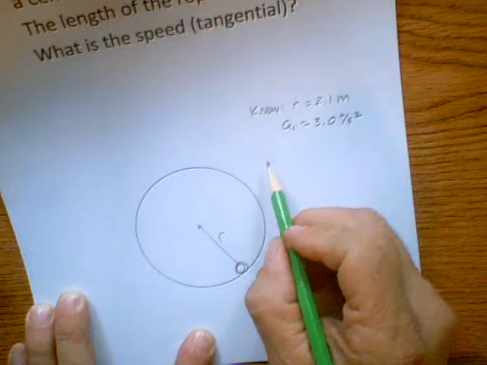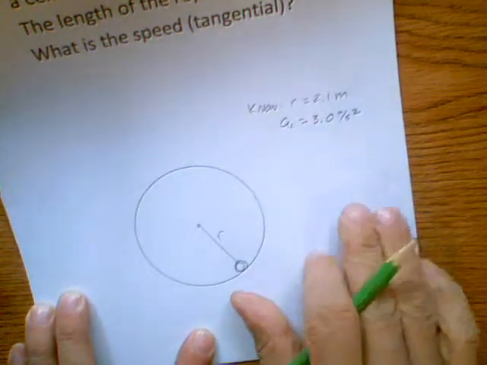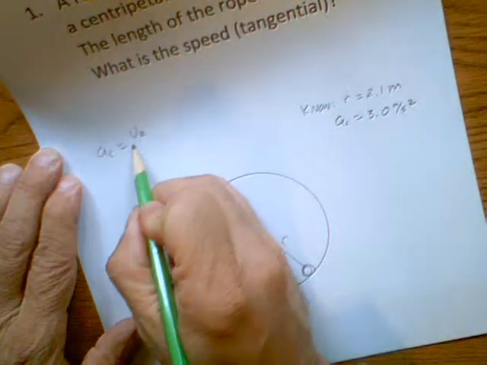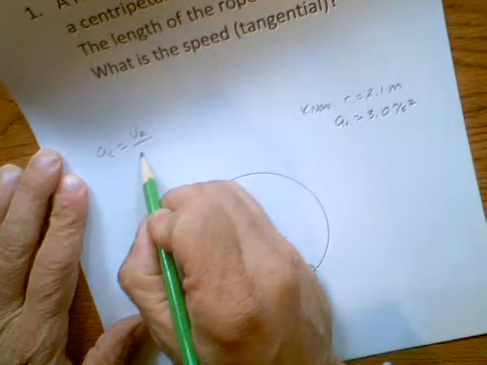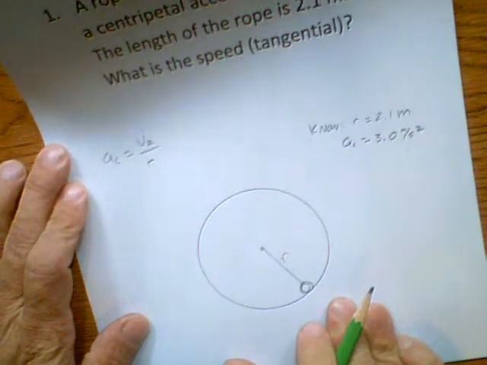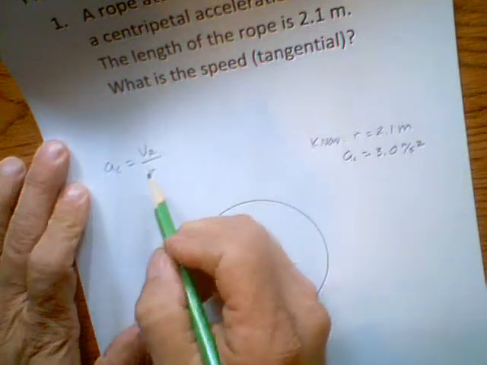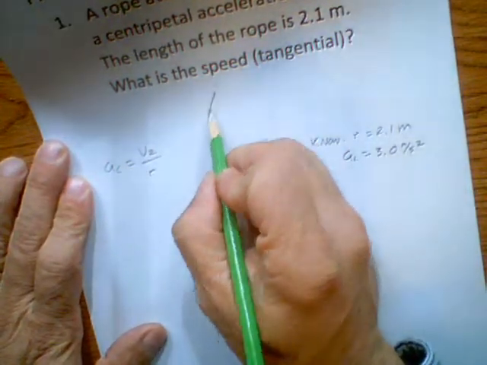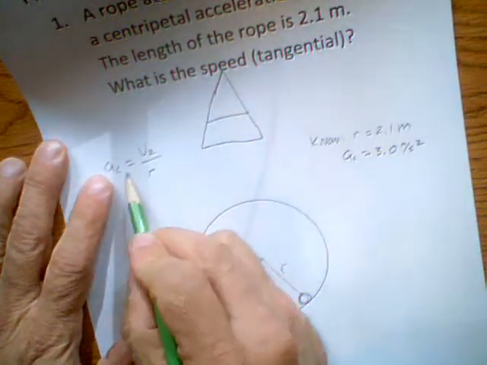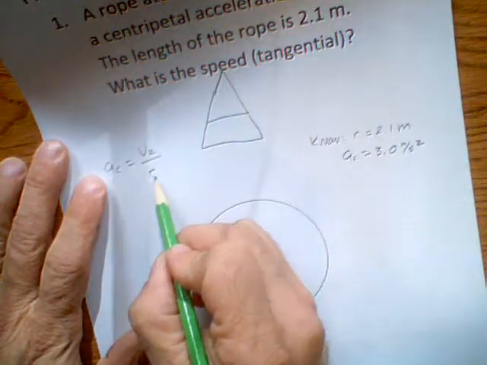So we can just refer back to our equation. a sub c equals velocity squared over radius. Now, when you look at this, the first thing you should be thinking is how are you going to get what you want? Because in this situation, we have a c and we have r.